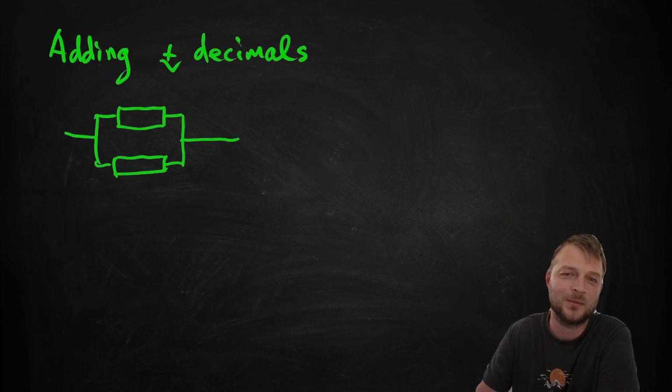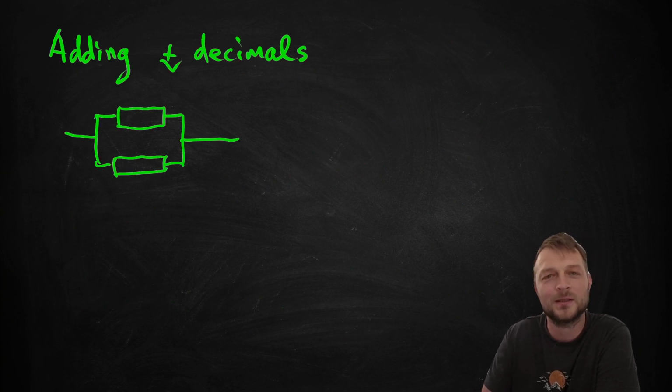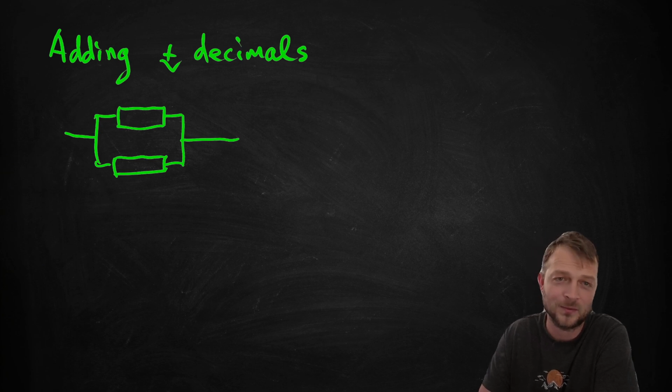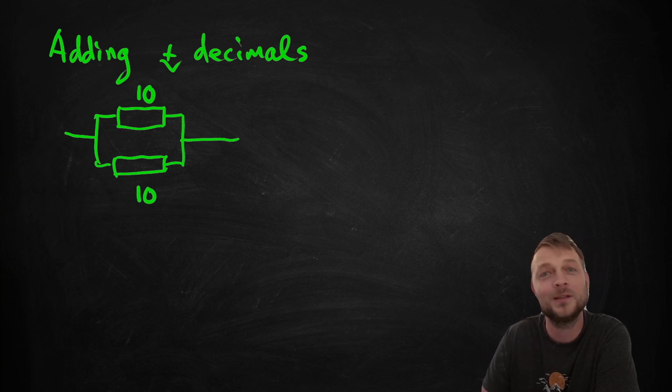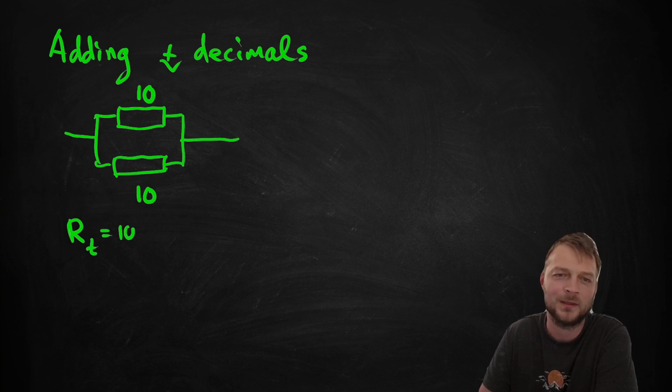Let's do a little bit of practice. Let's use these addition rules and try to compute some values. For example, we have 2 resistors with 10 ohms each, and we remember that our dual addition operation can find the total resistance as R total equal 10 plus 10.